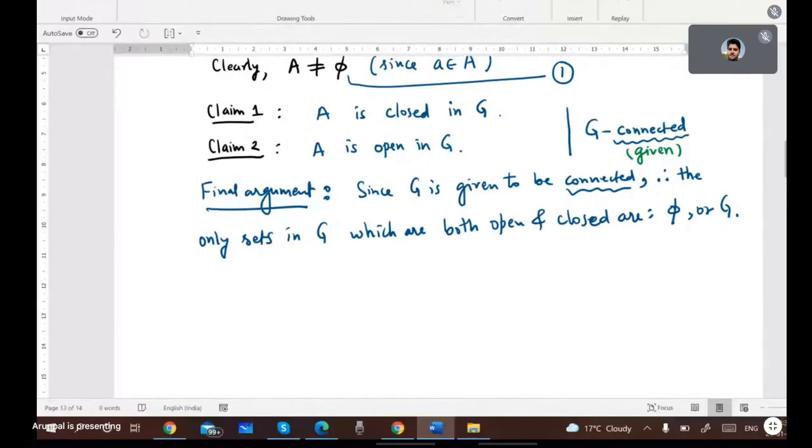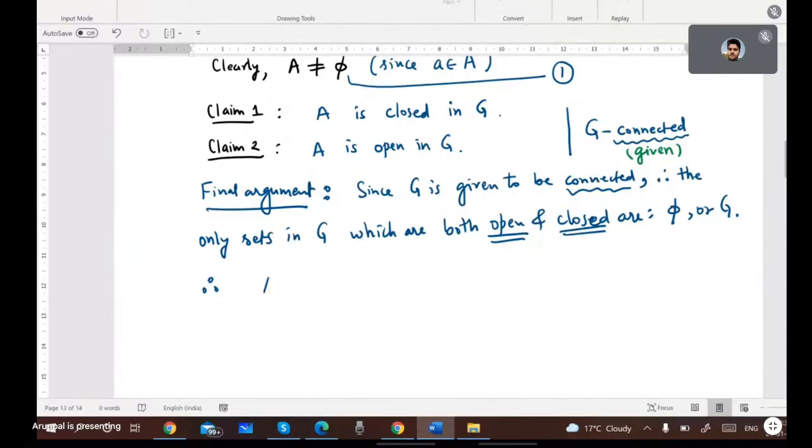Is this okay, class? Yes, sir. Now in claims 1 and 2 we are saying A is both open and closed.